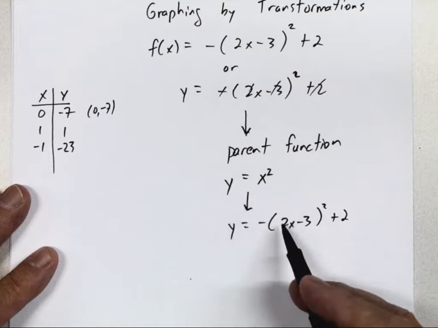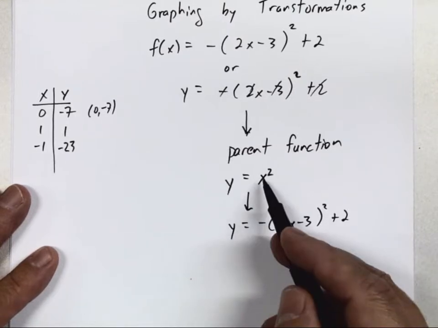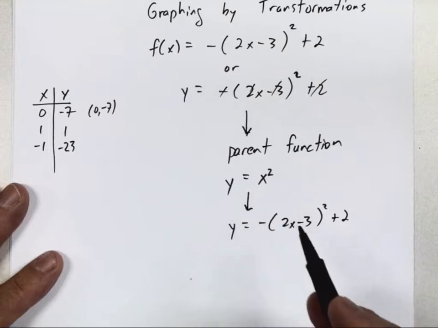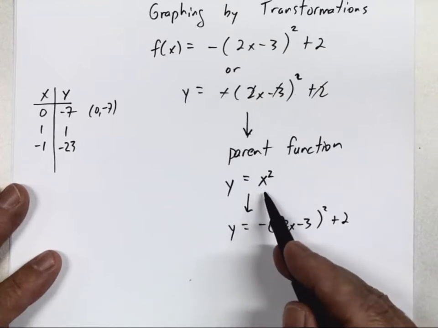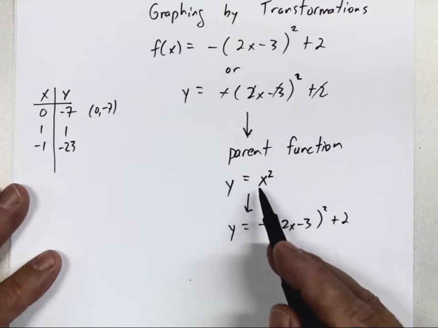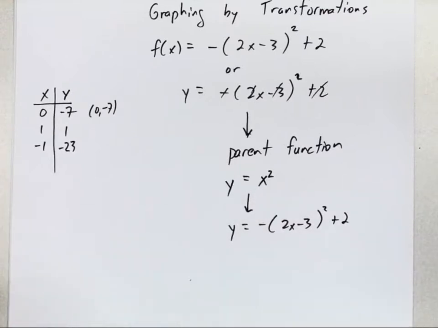And as I do each step of this, I'm going to go on a graph and determine what each step would do to the graph. And after I'm done with my 3 or 4 or 5 steps, wherever the graph ends up, then I'm done.